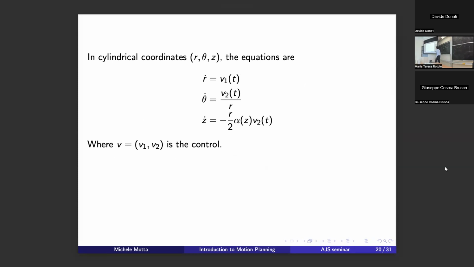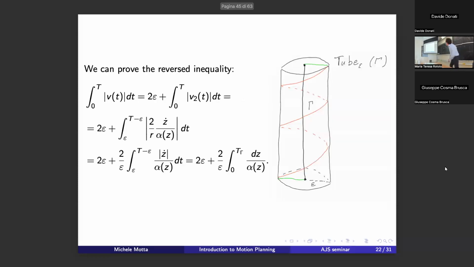The first one you take 0, and this corresponds to rotating along the cylinder in the tangent direction, and you can move with constant speed until you arrive to the top of the cylinder, and then you go back. Once you arrive here, you go back to the final point again.